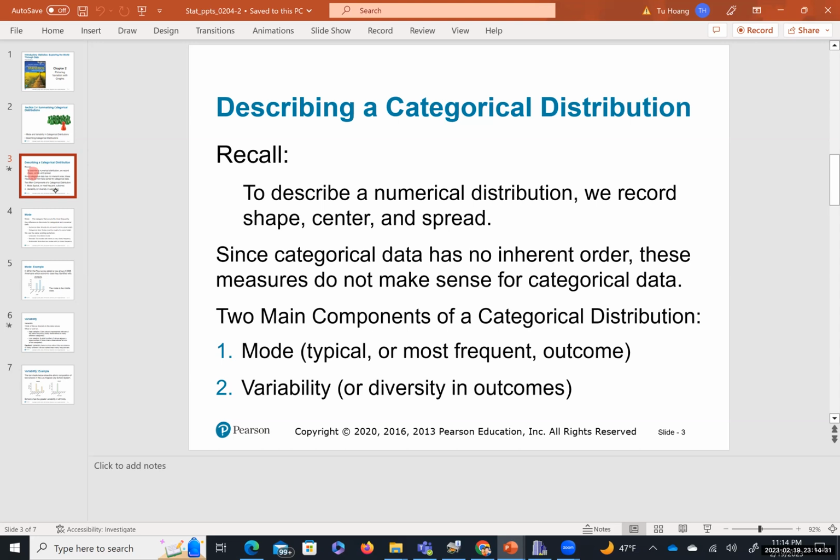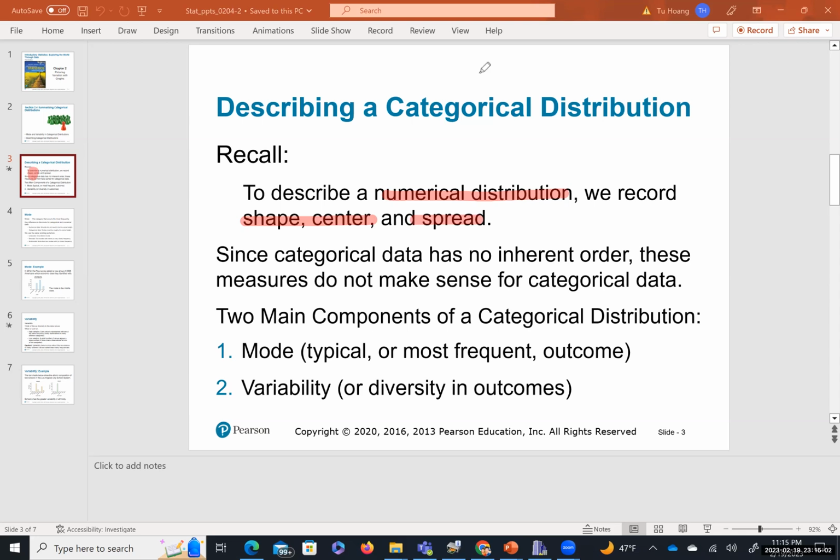All right, so for describing a categorical distribution, let's recall that to describe a numerical distribution, in 2.1 and 2.2, we need to record the shape, center, and the spread, right?